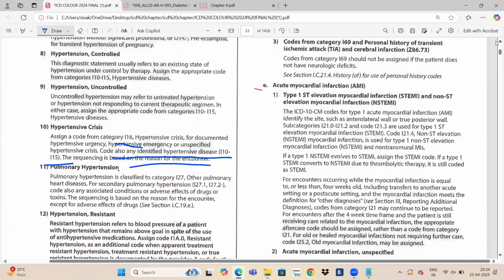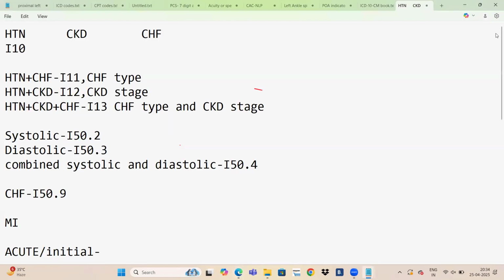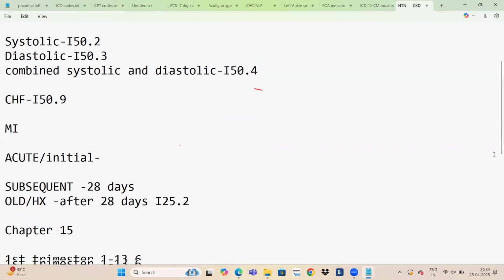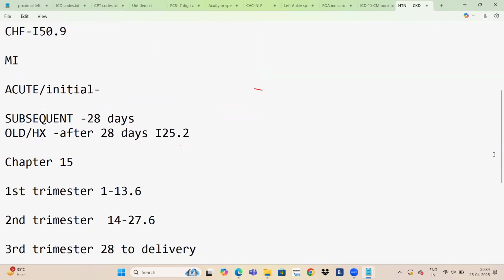Next, acute MI. What is the meaning of myocardial infarction? Lack of blood supply to the heart.